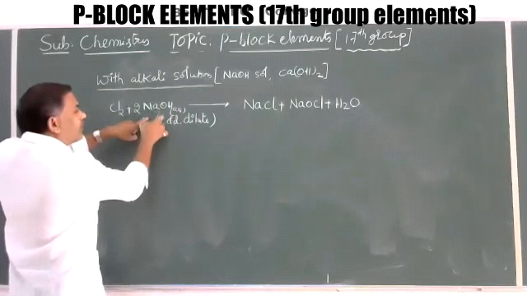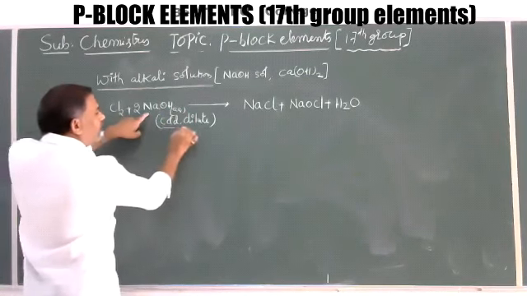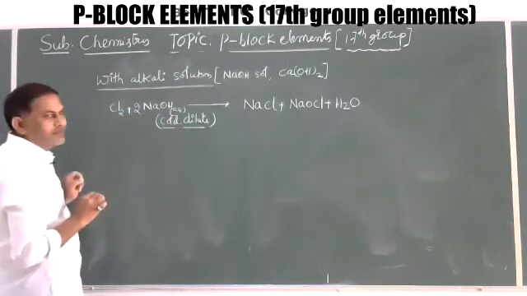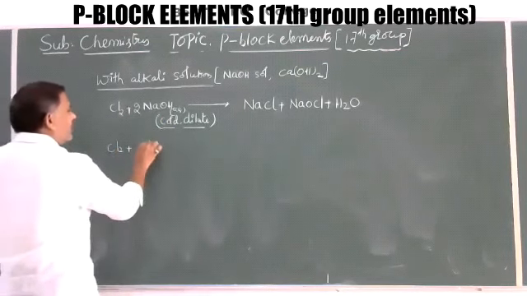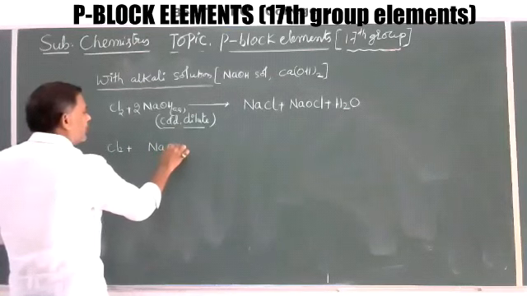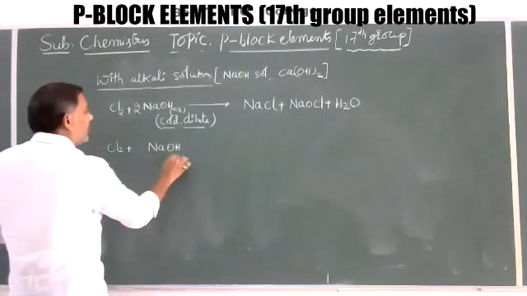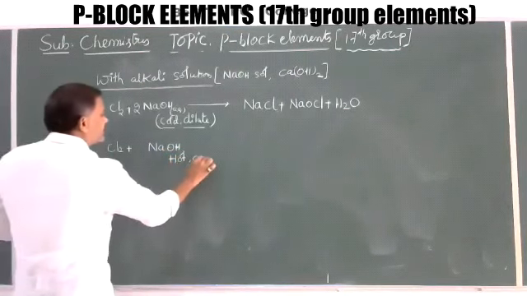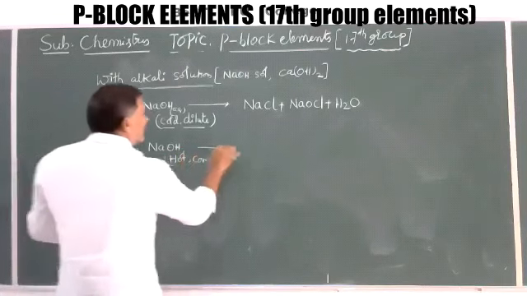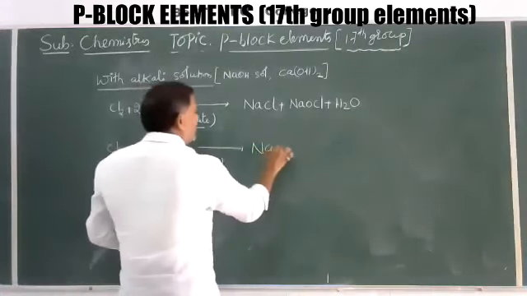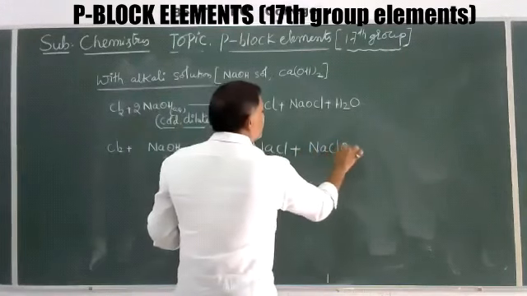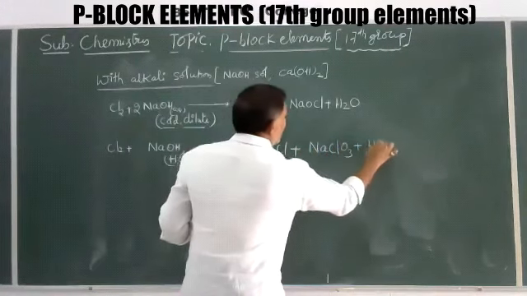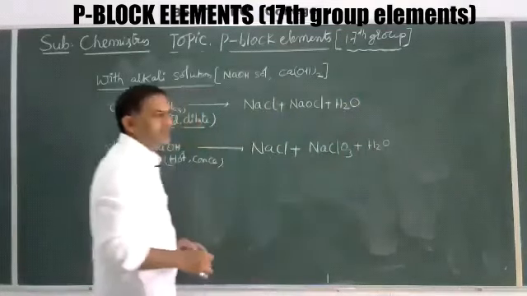When the sodium hydroxide alkali solution is cold and dilute, it gives this. If it is the same chlorine and the same alkali solution NaOH, but hot and concentrated, just on heating, then it gives NaCl plus NaClO3 plus water, H2O.